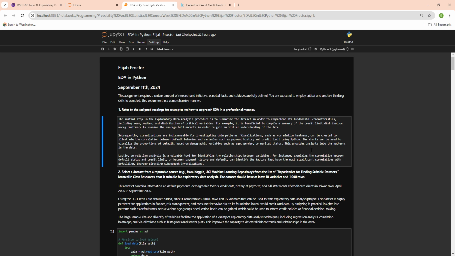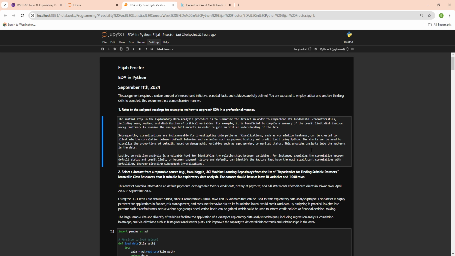After we do this, we can use visualizations that can play a crucial role in exploring patterns in the data. We can use tools like correlation heat maps that can show how variables like payment history and credit limit relate to default behavior. Bar charts can be used to illustrate default proportions based on demographic factors that include age, gender, or marital status, and this gives us a clear picture of data trends.